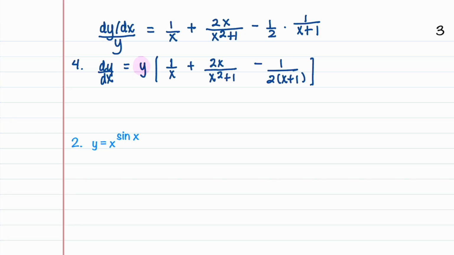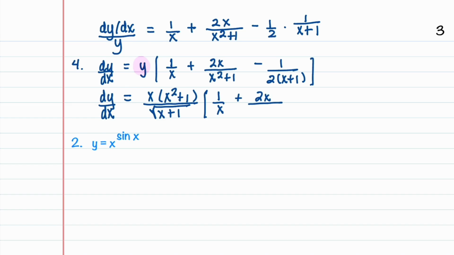So we have to go all the way back to our original function and plug that in. So we have dy dx is y, which was x times x squared plus 1, all divided by the square root of x plus 1, times what we just had, 1 over x plus 2x over x squared plus 1 minus 1, all divided by 2 times x plus 1. And it's long, but that is our final answer.